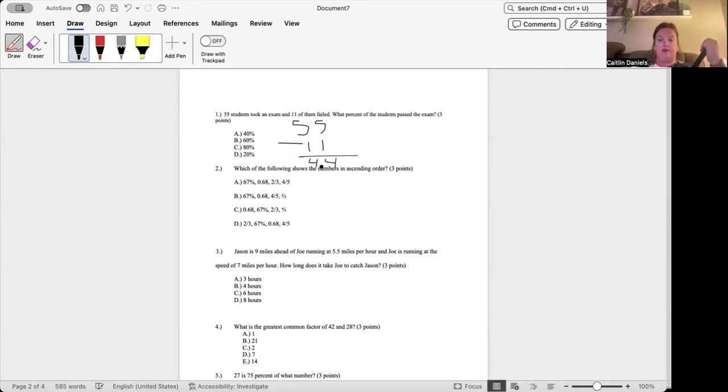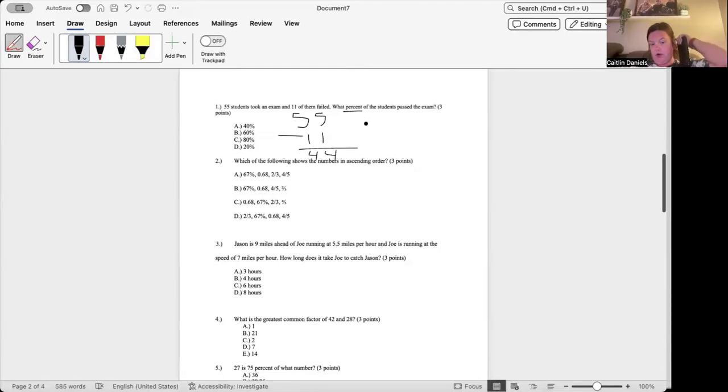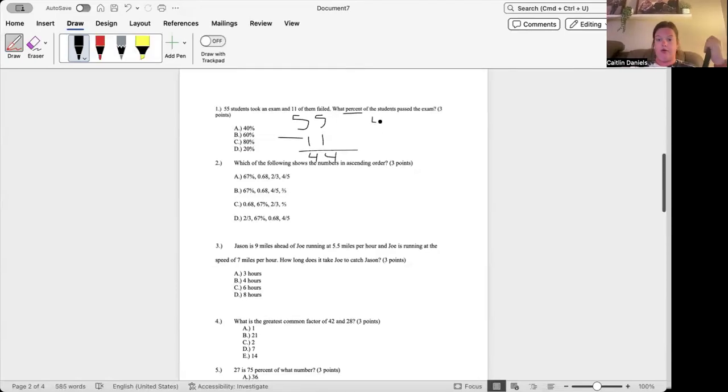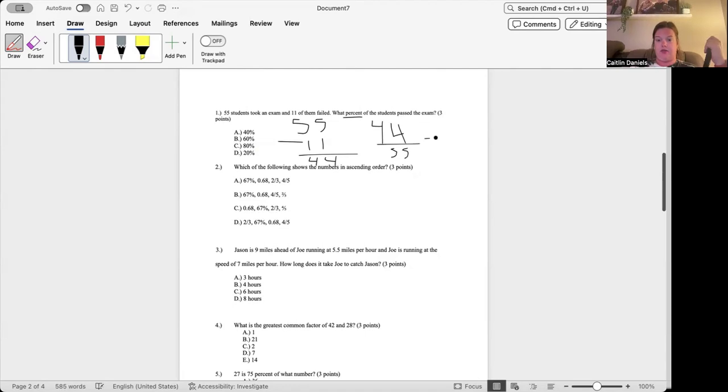passed the exam. So to get the percent of the students that passed, we're going to do 44 over 55. We're going to get the percent by doing that.